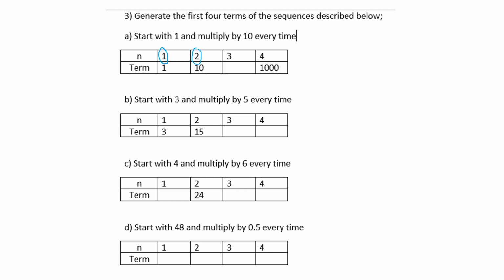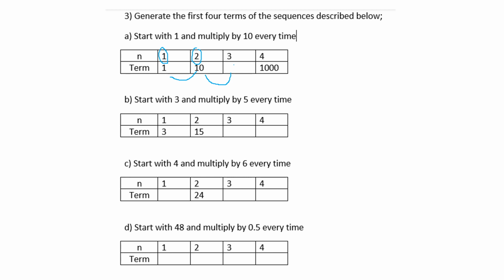So the first term in the sequence is 1. The second term in the sequence is 10. The third term in the sequence is the one we need to fill in. They've said the rule is 1 times 10 is going to give us 10, and so we need to multiply 10 by 10 in order to find this missing term, and that's how the rest of these work.